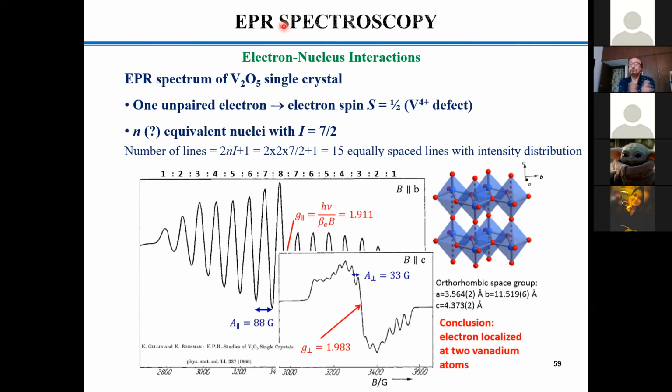Then you will have two sets of lines, one called the parallel lines, the other the perpendicular lines. And remember, we'll discuss it later, that for a tetragonally elongated setup, the parallel line will be at the lower magnetic field and the perpendicular line at the higher magnetic field. But in a compressed situation, the reverse pattern: the perpendicular line would be at the lower magnetic field and the parallel line at the higher magnetic field.